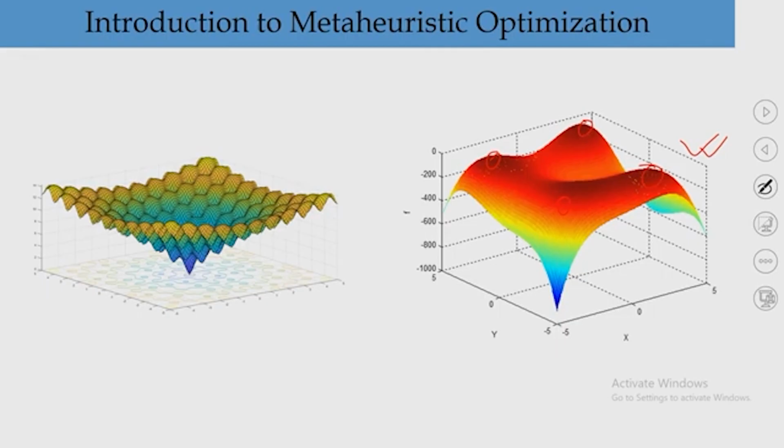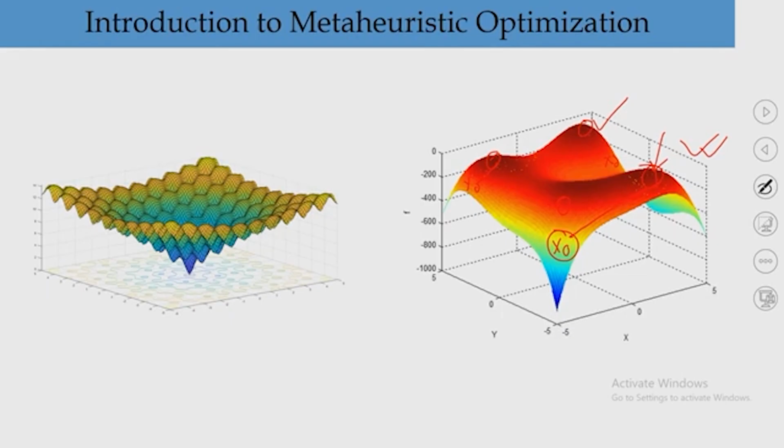If you take x naught somewhere here, maybe you go in this direction and you may get this particular point. If you take x naught somewhere else, you may get another point. Therefore, depending upon what x naught you have chosen, you will get one of the optimal solutions. You may not get the global optimal solution, but you will get one optimal solution.